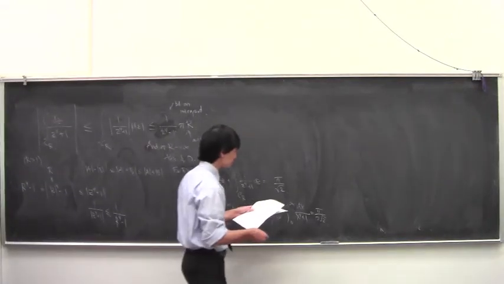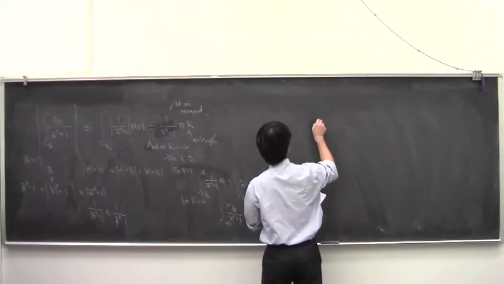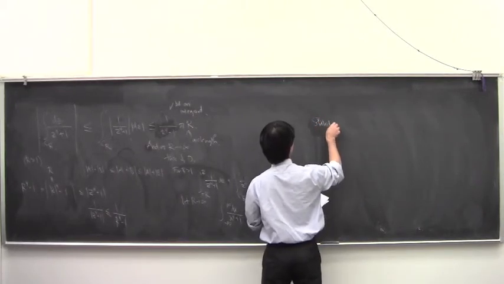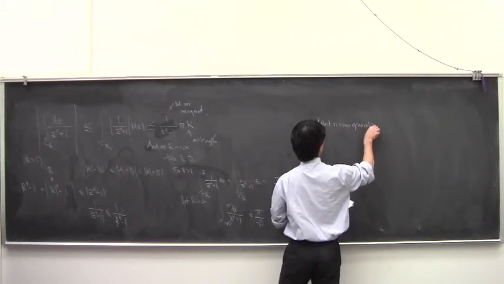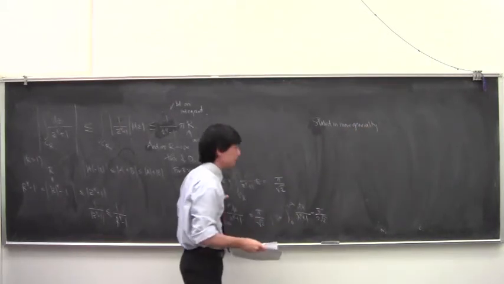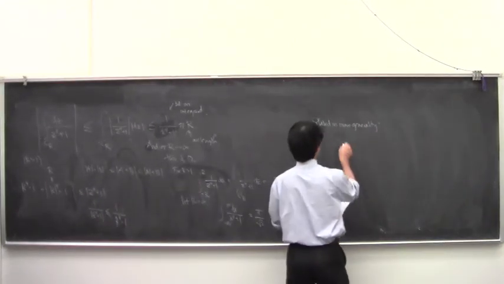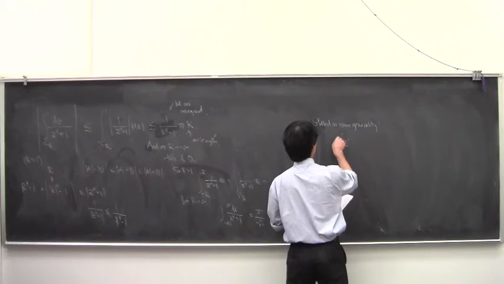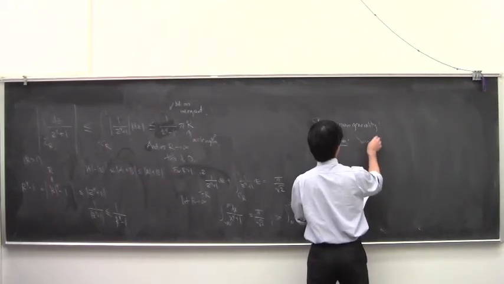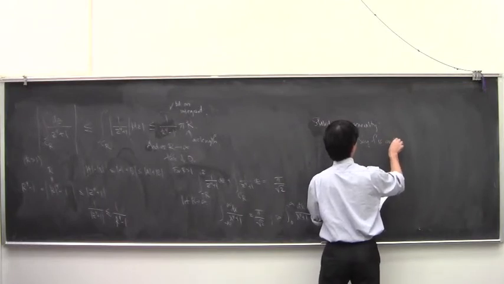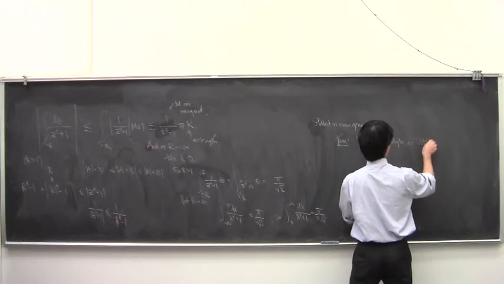So, stated in more generality, if we look at this example and see what we used to get it, you can sort of codify it into a theorem. Say f is analytic on the upper half plane.